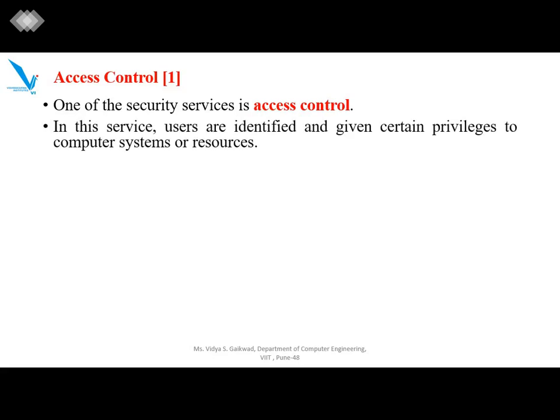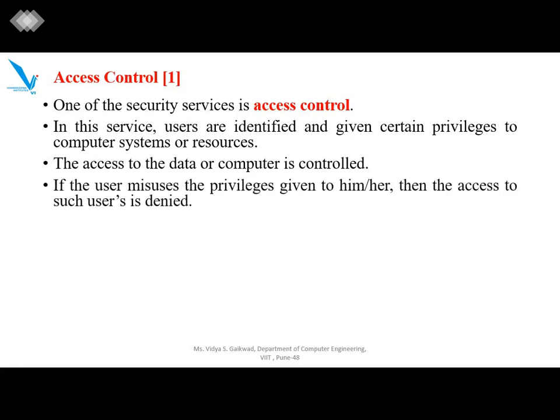Now let's start with access control. One of the security services is access control. In this service, users are identified and given certain privileges to a computer system or resources. So the access to the data or computer is controlled here. If the user misuses the privileges given to him or her, then the access for such users is denied.